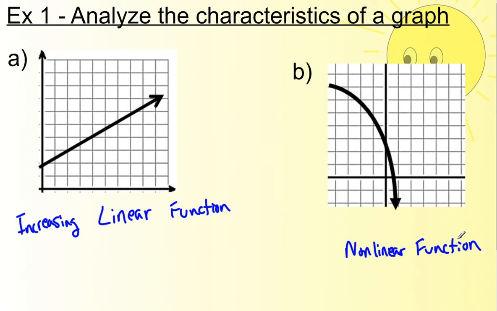And now that we know it's nonlinear, is it increasing? Is it decreasing? Is it remaining constant? Again, is it going up, down, or slope of 0? Well, the whole way through, everywhere on this, it's decreasing. It's going down, down, down, down, down, down. So this is just a decreasing nonlinear function.